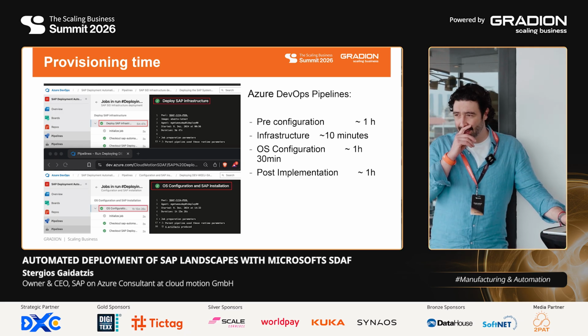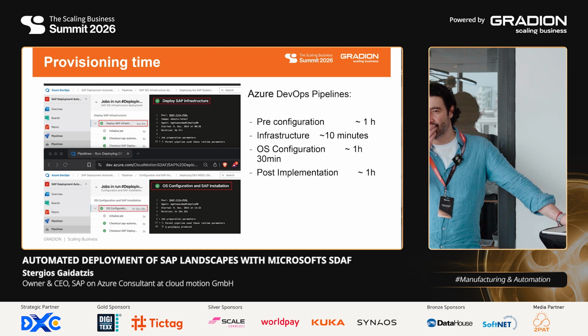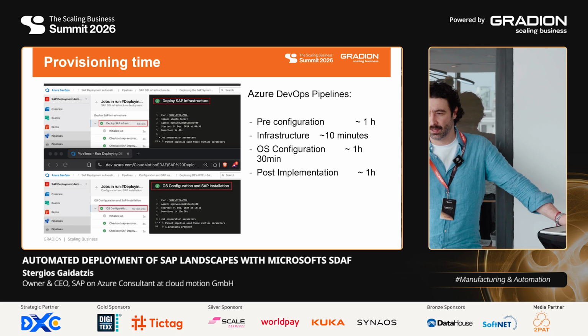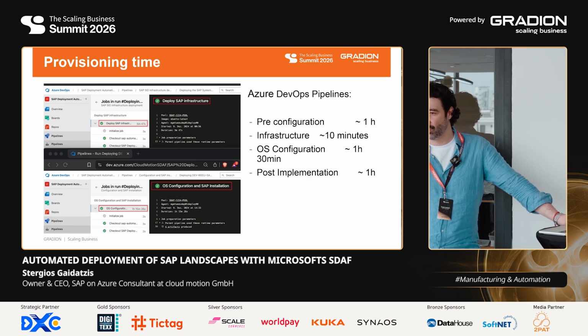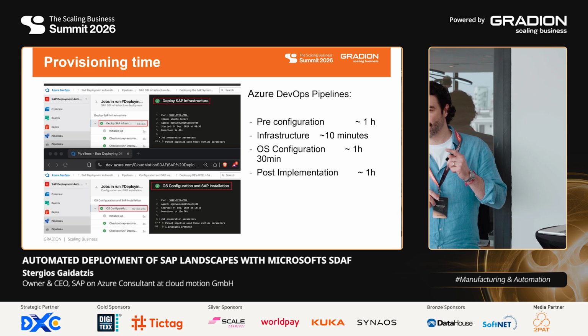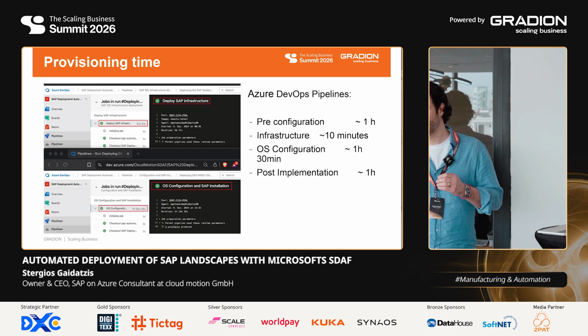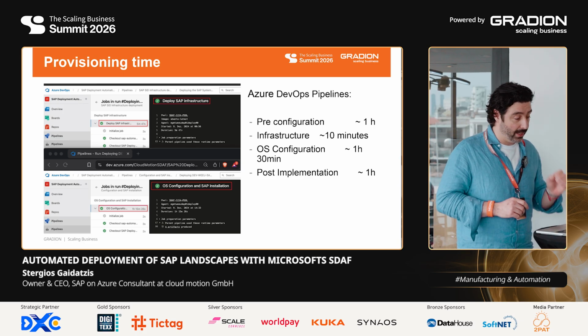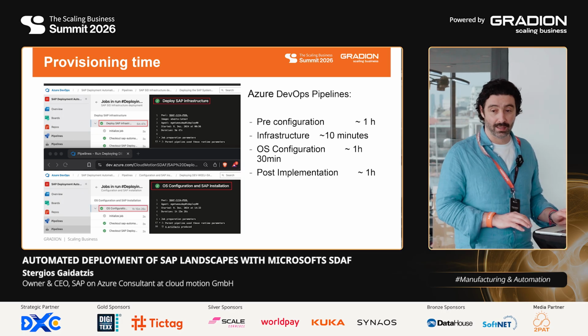In the past, I had a customer. We were a lot of teams, and we tried to implement SAP HA in Azure, and we needed, I think, 6 or 7 weeks to align the host names, the network, HA in an automatic way, and in the end it didn't fit.